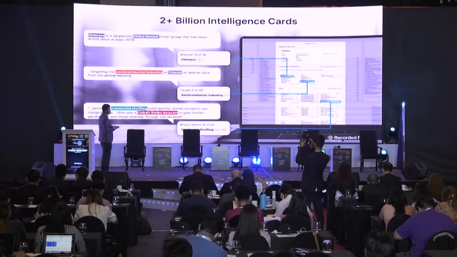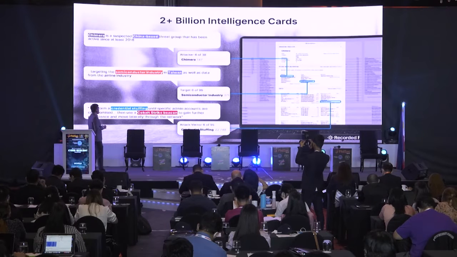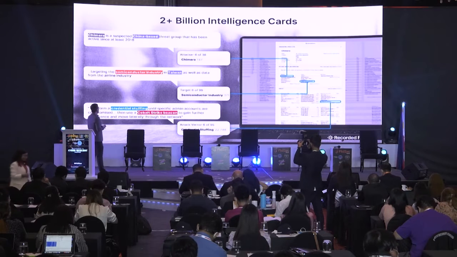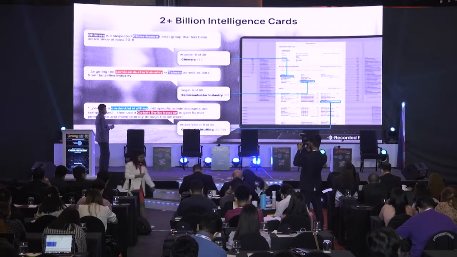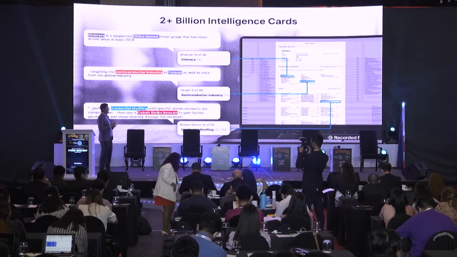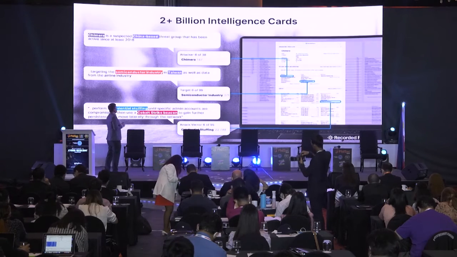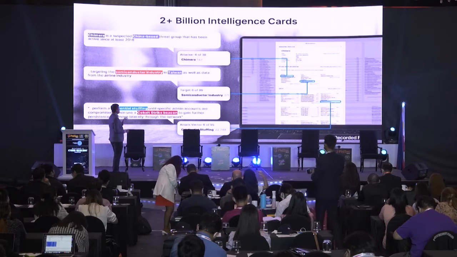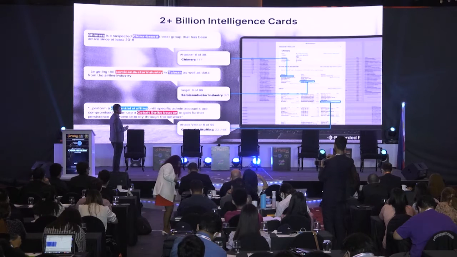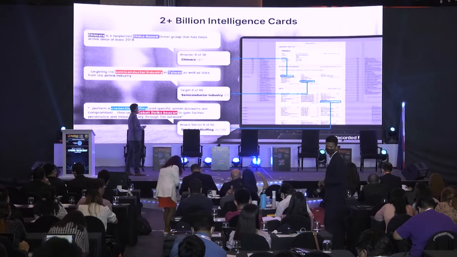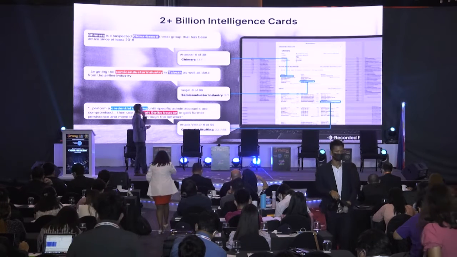When it is already analyzed, it is converted into what we call the intelligence card. The intelligence card includes all of that raw data, organized and analyzed, composed of different contexts.